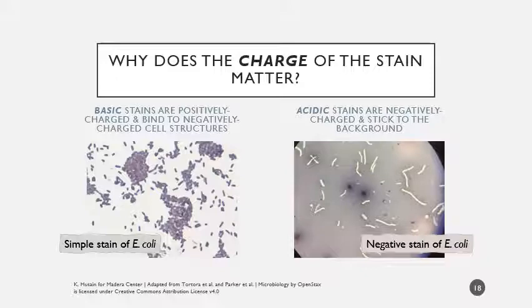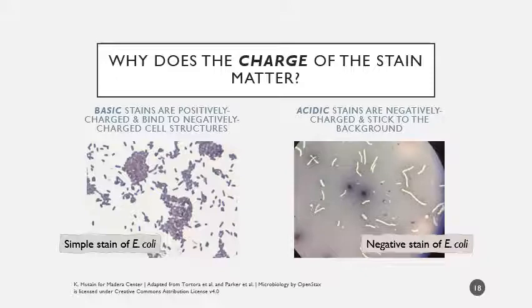If we have a basic stain that is positively charged, most of your body material is negatively charged. So your membrane potential is often negative. You often have negatively charged DNA and proteins floating around inside of your cell. So opposites attract. You have to have this positively charged dye coming in and binding to the negatively charged cell structure. That's how we directly stain cells.